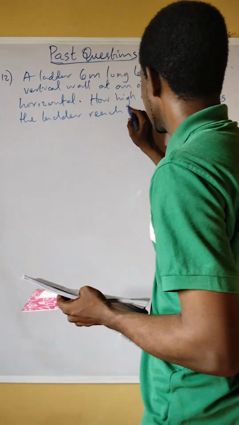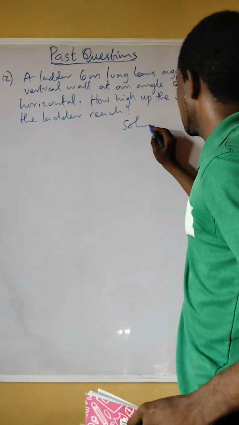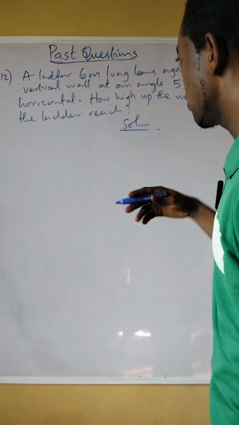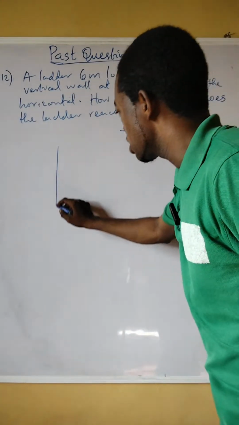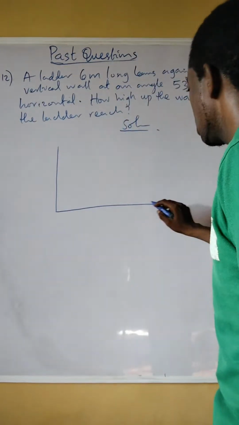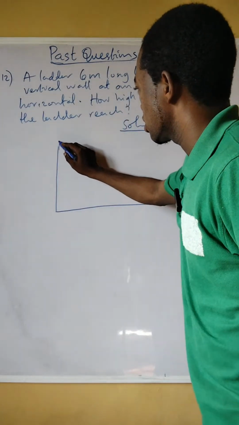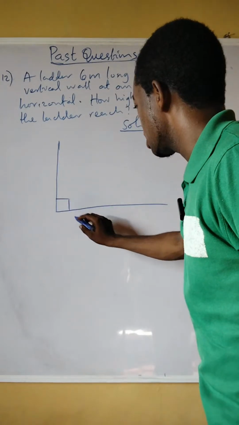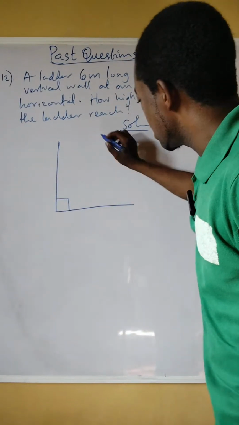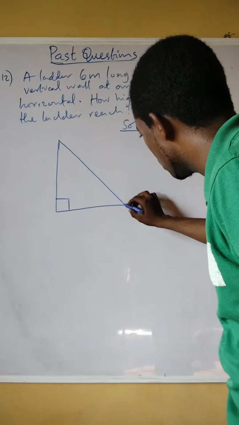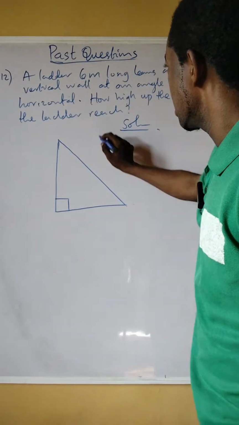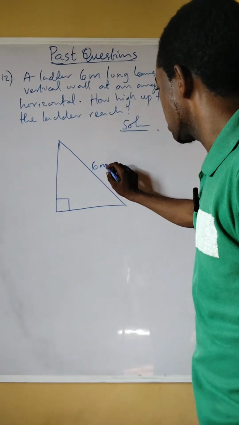Now let's consider this question in a diagram. So you have a wall, you have the ladder. So assuming here you have the wall and the ground, the angle between them of course is 90 degrees. So the ladder is leaning against this wall, and the length of the ladder is given to be 6 meters.